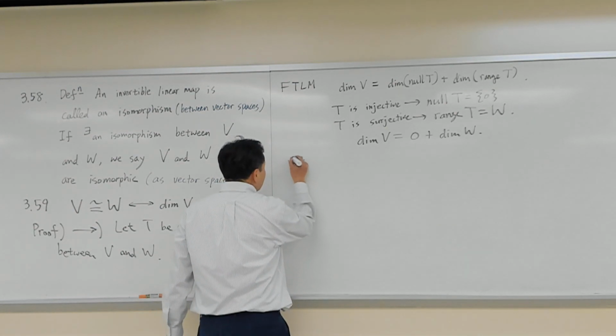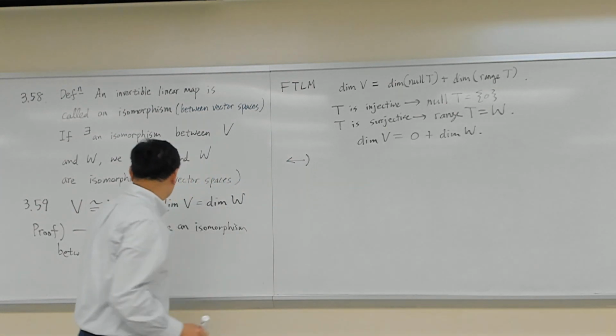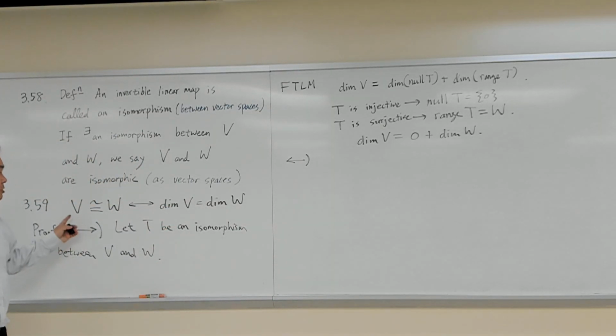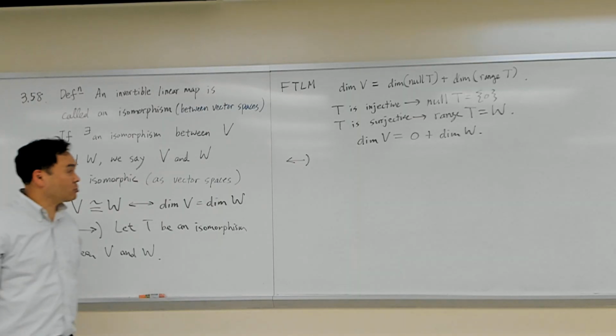Okay, now let's prove the opposite direction, which is saying that if dimension of V and dimension of W are equal, there's an isomorphism between the two.